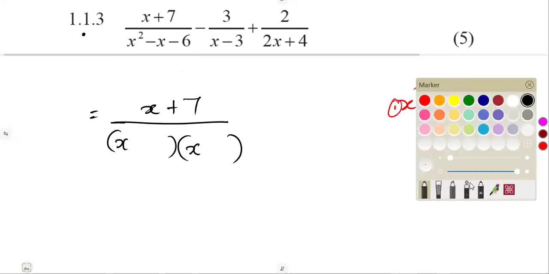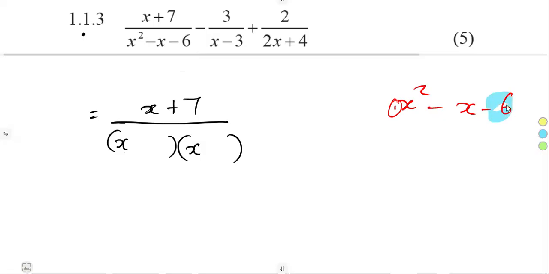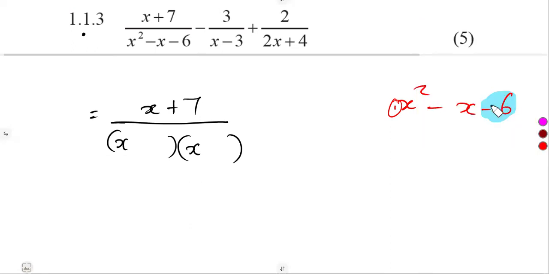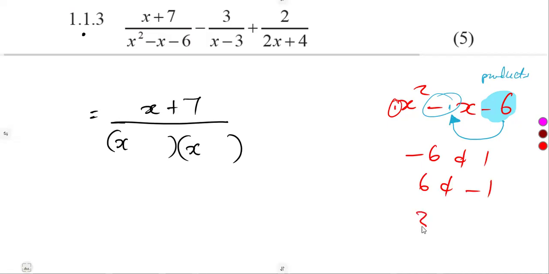Then you focus on negative 6, which is our constant. We want factors or products of negative 6, 2 of them. But these must give us a negative 1 if we add them. So let's start with the products of negative 6: negative 6 and 1, 6 and negative 1, 3 and negative 2, negative 3 and 2.